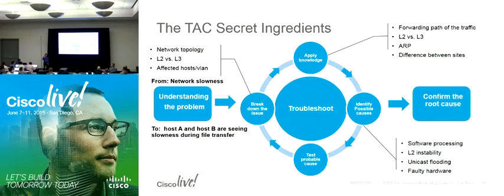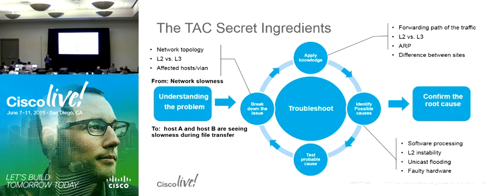So yeah, break down the issues, network topology, layer 2 versus layer 3, what are the hosts being affected, which VLAN, right? Apply knowledge. Forwarding path of traffic is always really important. Layer 2 versus layer 3. I called out ARP just because of the importance of ARP in our networking.